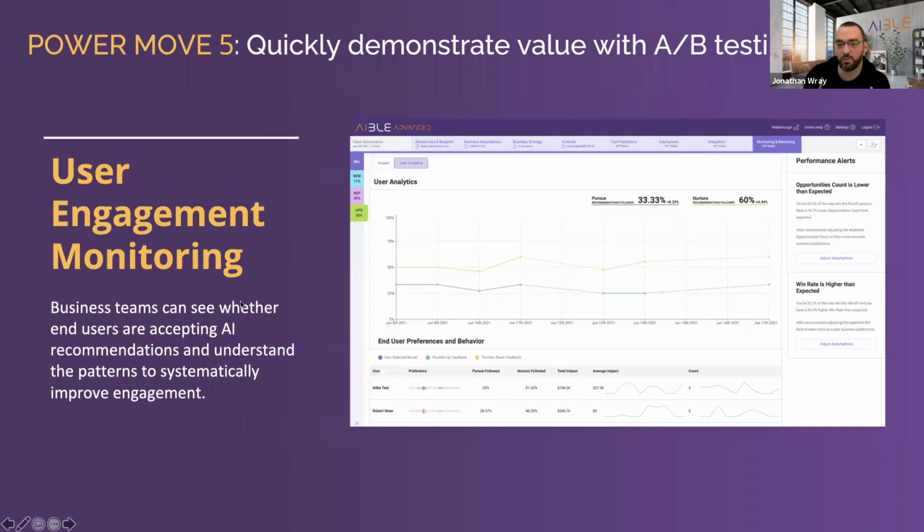And this is a really, really important piece. Nobody in the market does this other than Aible, and that is tracking if people are actually following up on the recommendation. And the reason why we do this is because change management still matters. It's difficult to put these systems in place, and particularly you put it in front of somebody who's been doing the job for 30 years and say, okay, now this computer tells you what to do. No, don't do that.